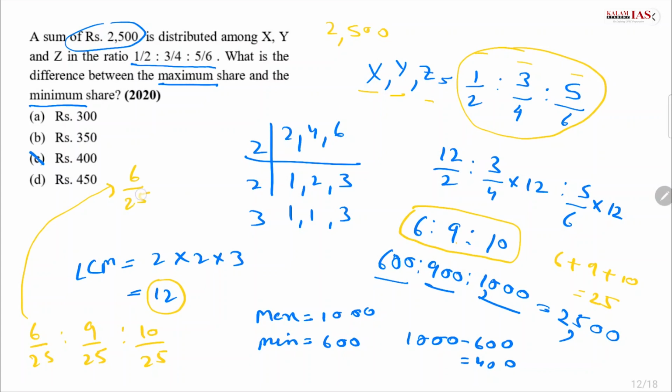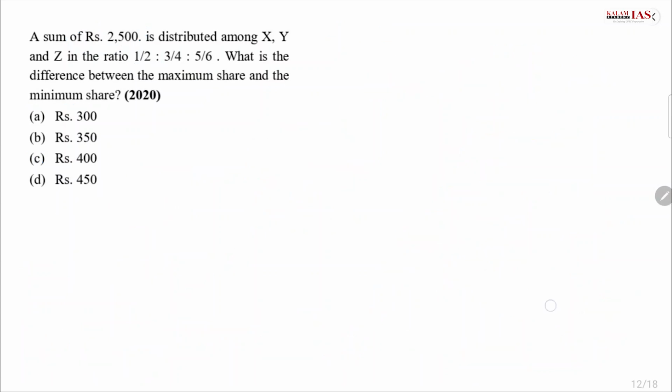So 6 by 25 into 2500 will be 600. Similarly, this will be 900 and this will be 1000. Now we have to find the difference between the minimum and maximum value, that is 1000 minus 600, which is 400. I hope the question is clear. Let's see the next question.